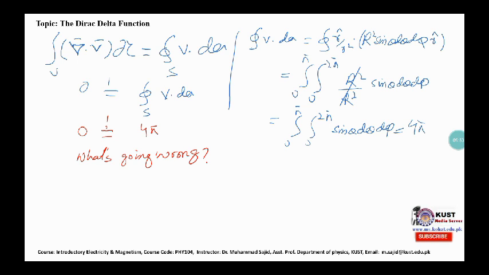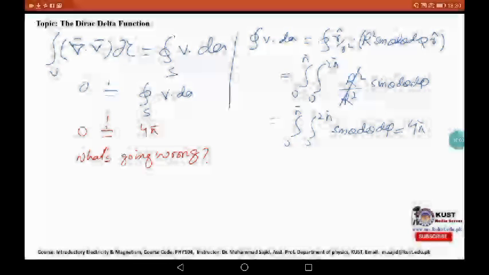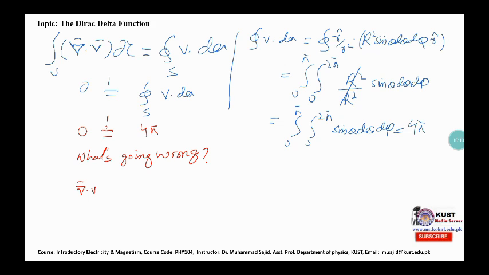We can suspect either that the divergence theorem is not correct, or there is something else we have to find out. We know that the divergence theorem is correct, so there is something about the divergence of v. Why is this giving us 0? I will give the answer in the next video clip. So let's go to the next video.